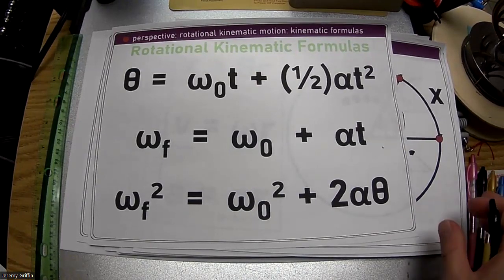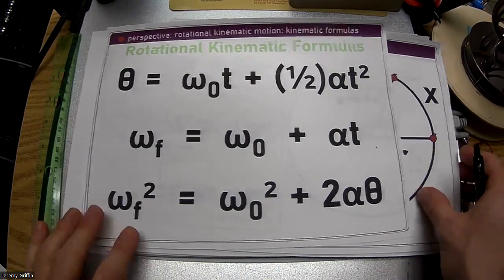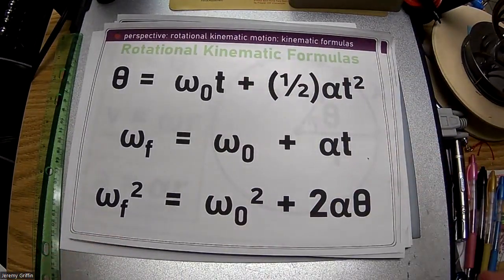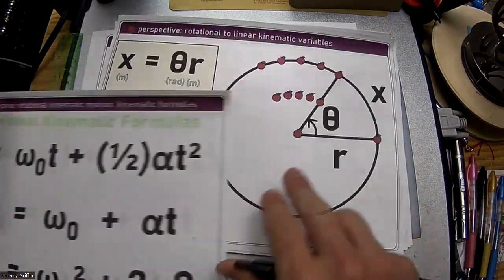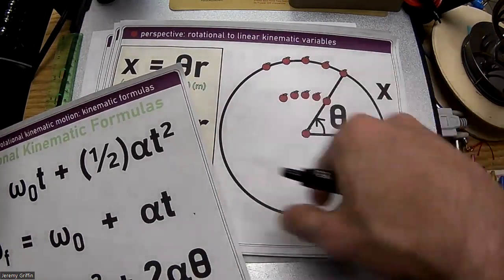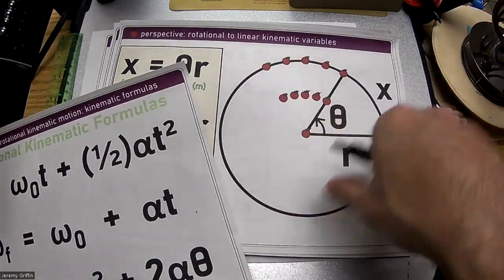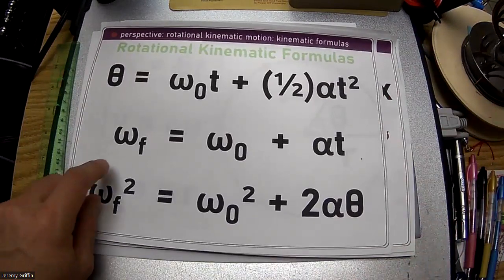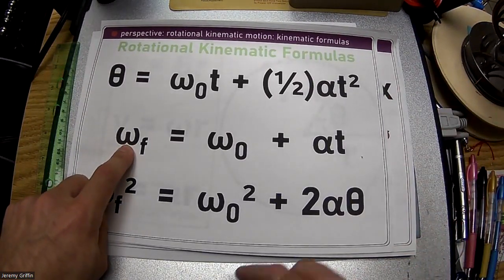Then just like the linear motion version of this, if you can identify any 3 of these, you can, in principle, solve the other 2. Like if you have a turntable spinning at so many radians per second, and then it slows to a stop in 5 seconds. Okay, well, I know final velocity is 0 radians per second.